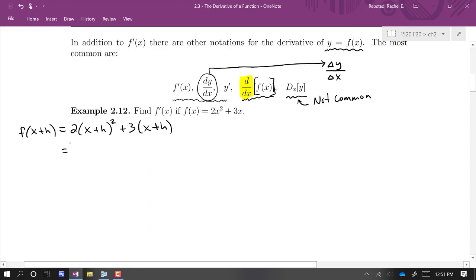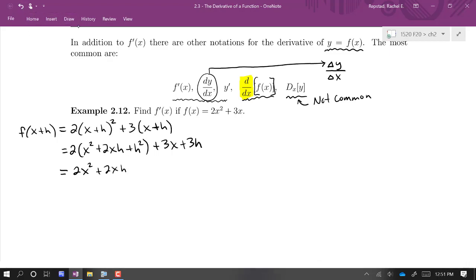I'm going to do some algebra to expand this. Distribute the 2, so that'll be a 4xh. So there's our f of x plus h.